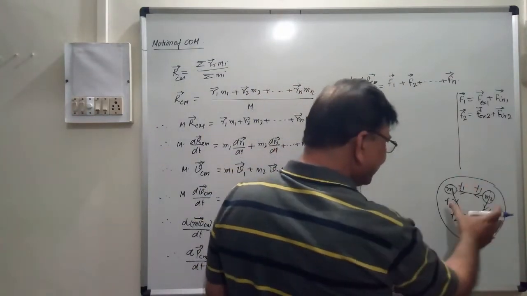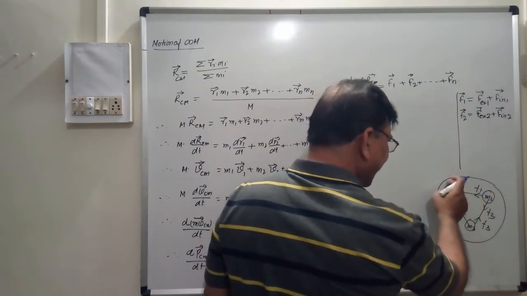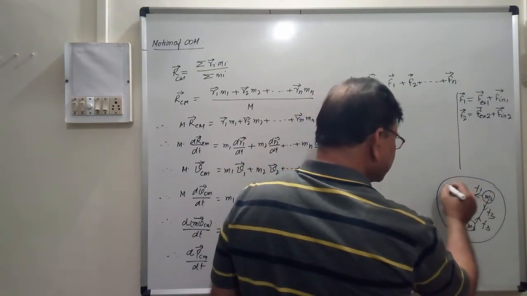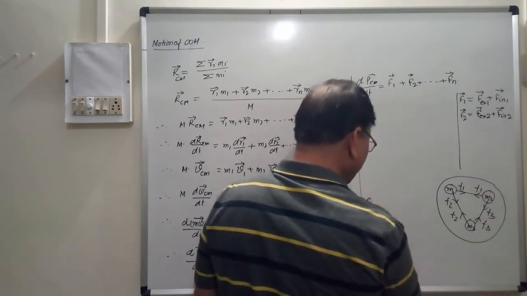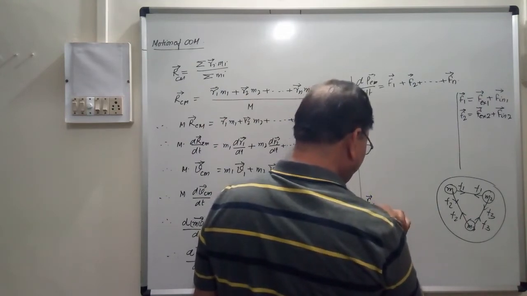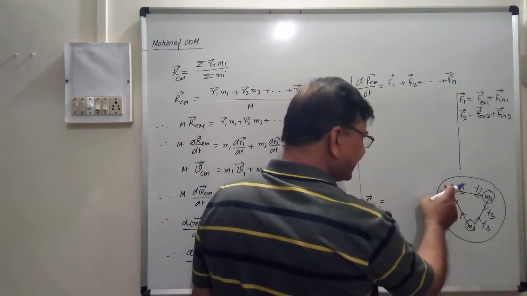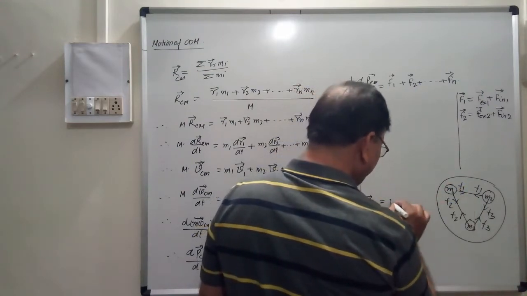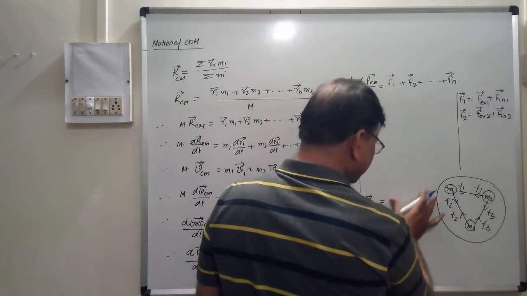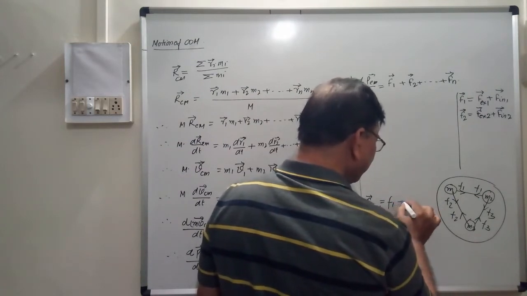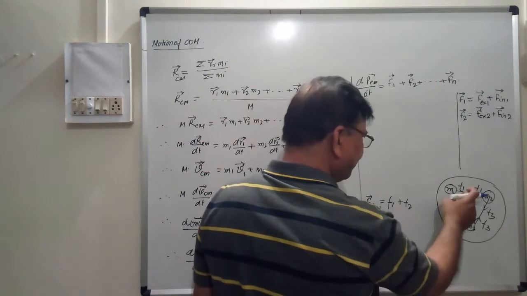So the net internal force, the total force acting on this particle, is F1 internal, right? F1 internal is equal to what? Forces acting on this mass, that is F1 plus F2.